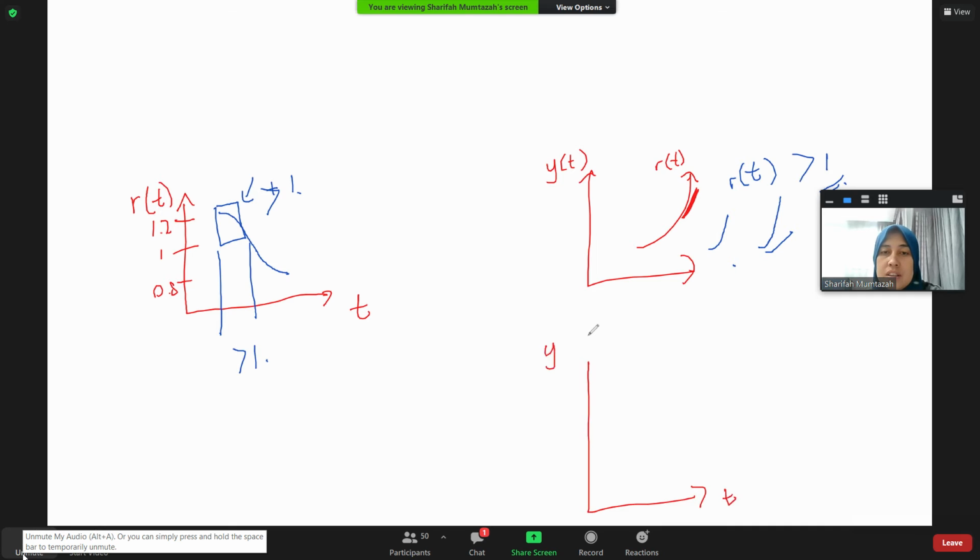We don't go immediately like this. There is a period of time where RT is still more than 1, so it will be gradual. So what does it mean here? As long as it is more than 1, it will keep on increasing. Whether it is steep or not steep, that is the only difference.